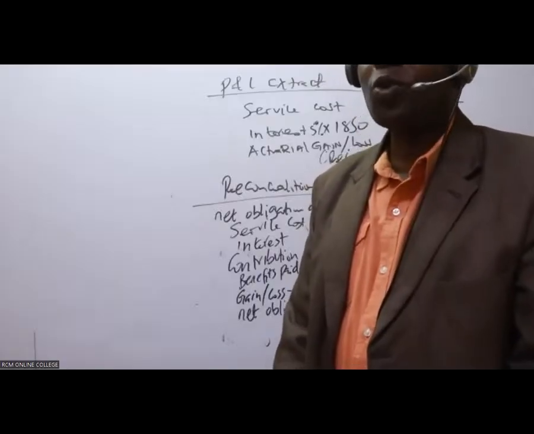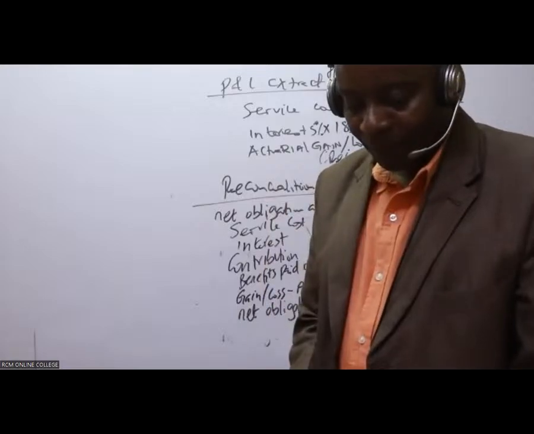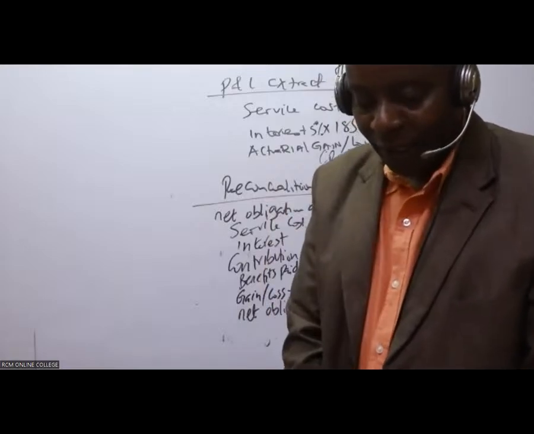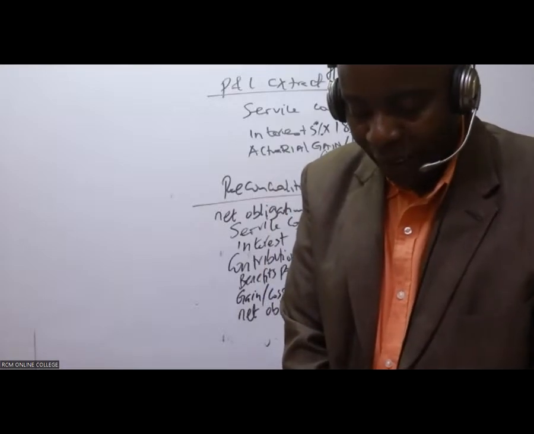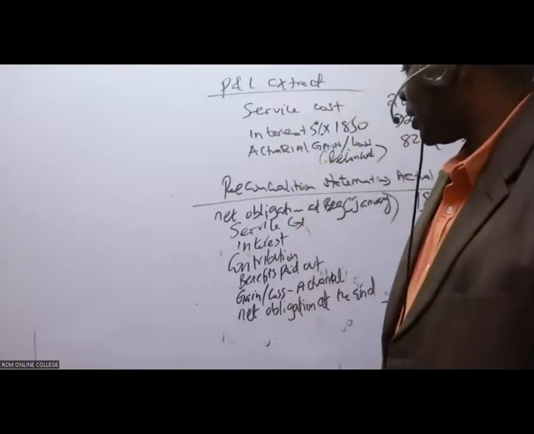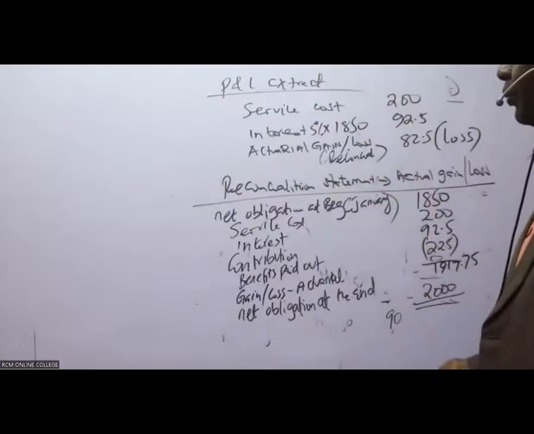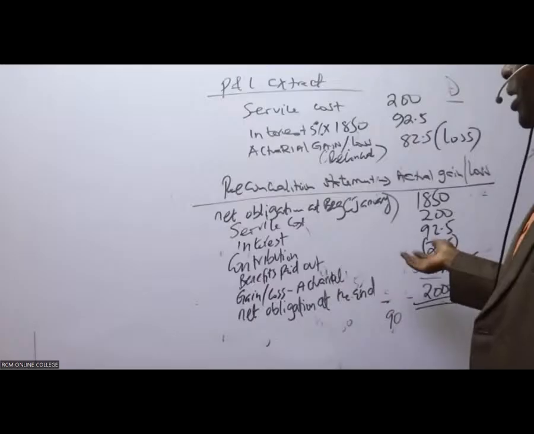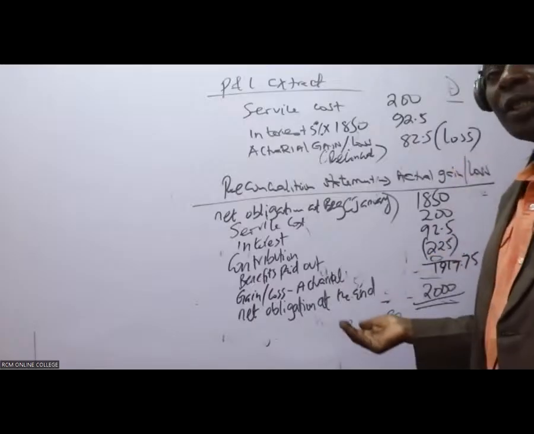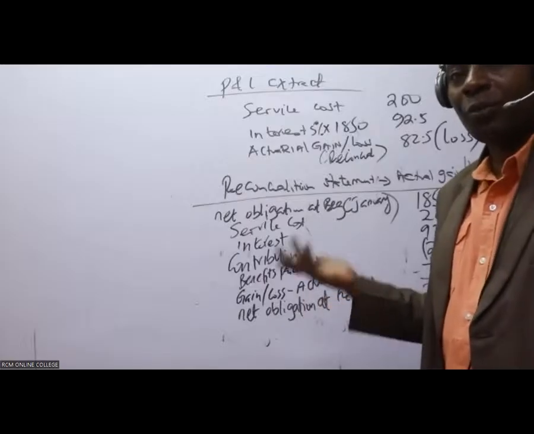Very few students, those who get awards, are the ones who provide explanations. So, ladies and gentlemen, in this case the explanation is about this: any service cost is increasing the obligation to the plan.